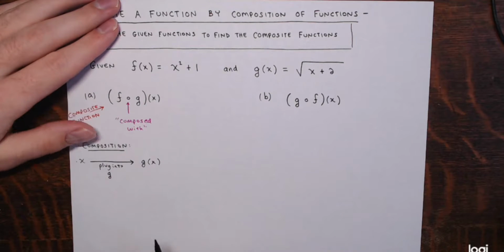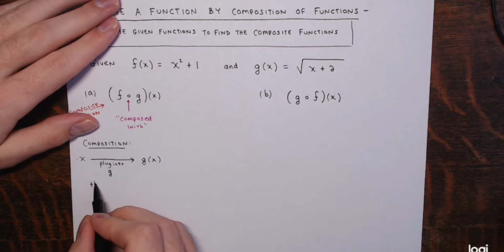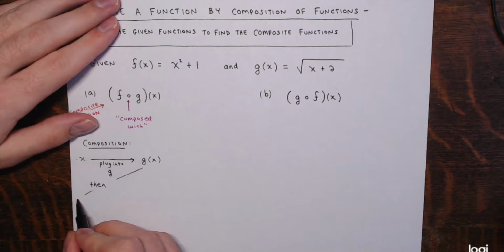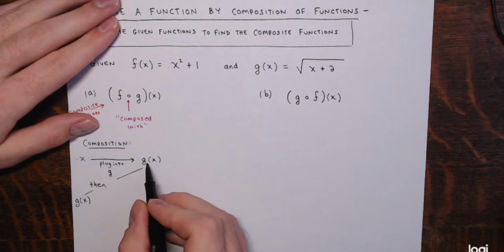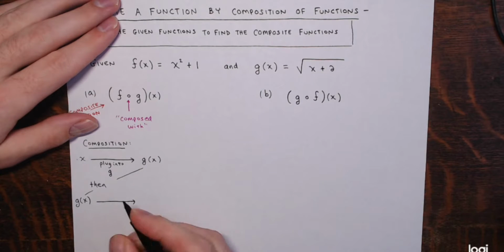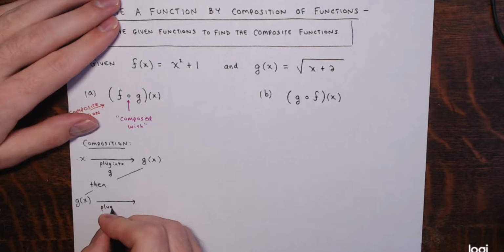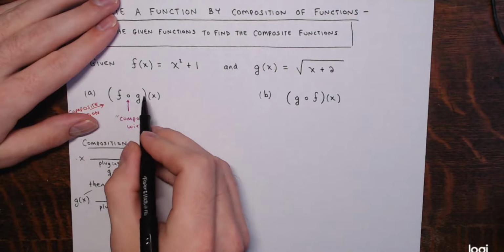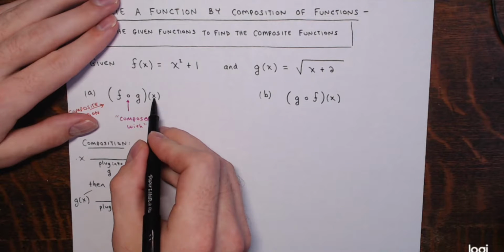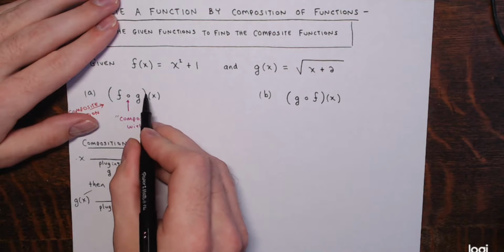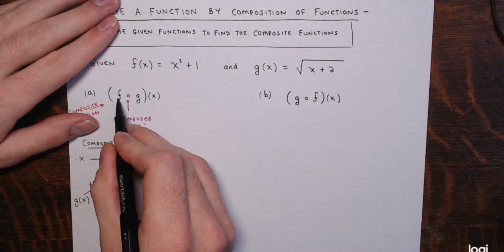Right. Then you take g of x. Right, you take this output that you just got, g of x, and plug that into f. Right, or you plug it into the next function over. So I first take x, plug it into g, then I take g of x and plug it into the next function over, which is f.